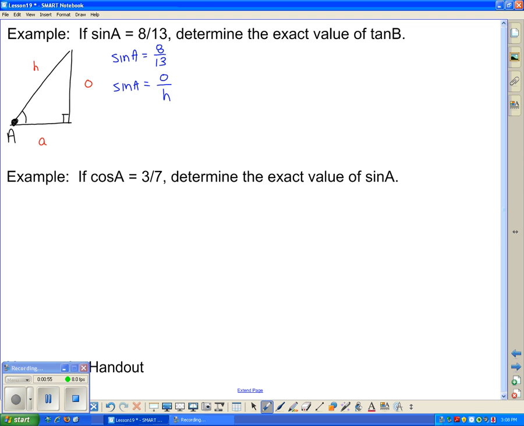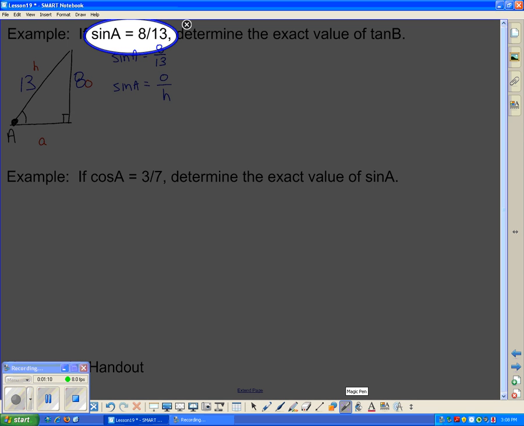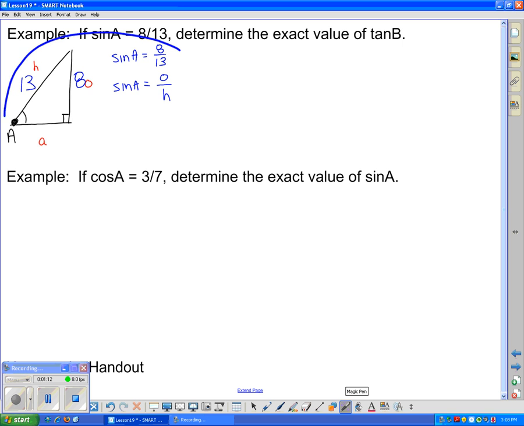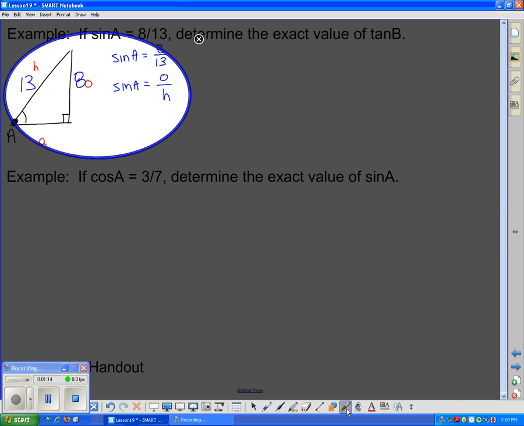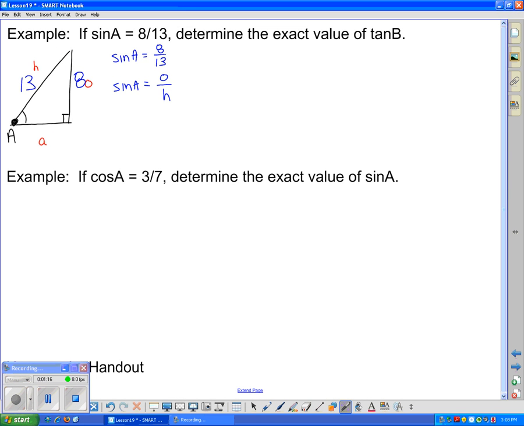So the length of the opposite side has to be 8, and the length of the hypotenuse has to be 13. I know all of that just from knowing that ratio.